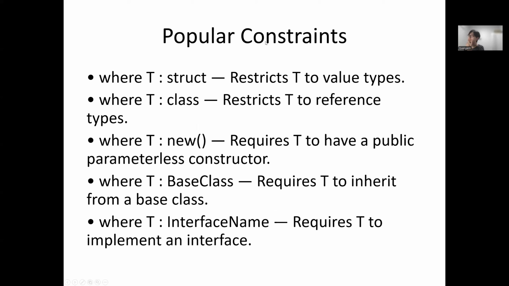So, popular constraints. The first one is where T : struct, which restricts T to value types. You guys may know about struct, right? Maybe all of us have learned C++ and learned about struct. A struct is just like a custom data type.